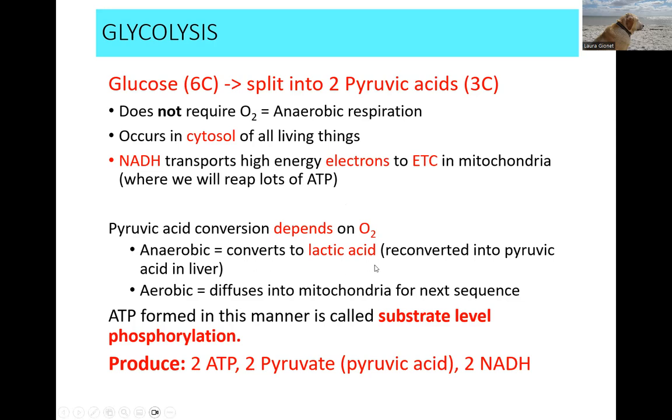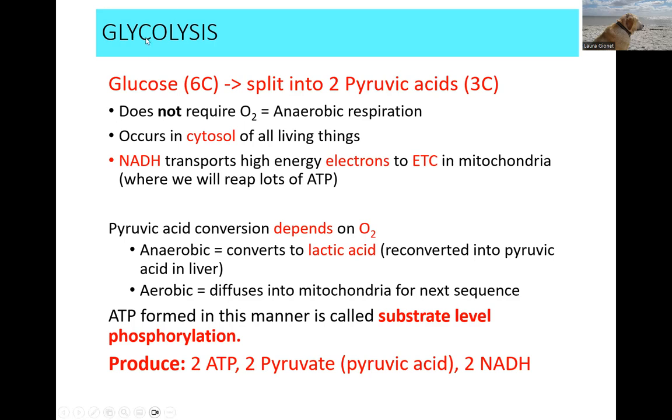So when we don't have oxygen and we're breaking down this glucose, it's going to be converted to lactic acid. Now that can be reconverted to pyruvic acid in the liver, but it's going to take a little bit for that to happen. Aerobic means if we have oxygen, and it diffuses in the mitochondria for the next sequence of reactions.